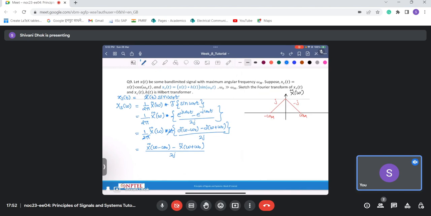The first two terms basically signify simple shifts of the respective frequency components. So let me first shift those components. Let's say this is omega naught, this is minus omega naught, and this is omega naught, and this is the shifted version. And let me also consider this 1 by 2 factor.